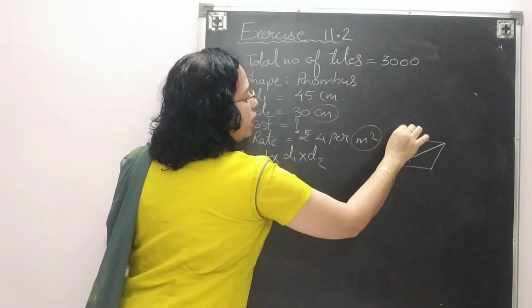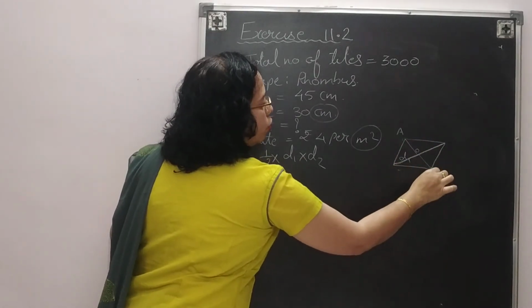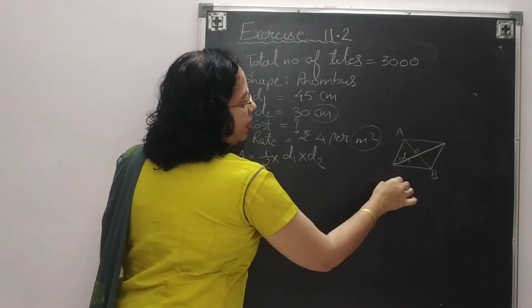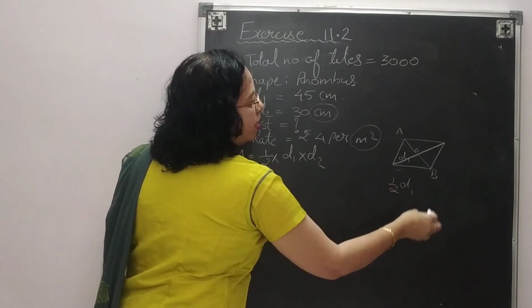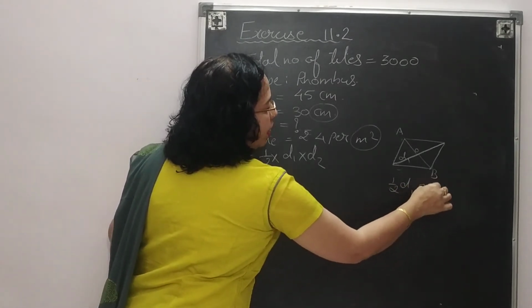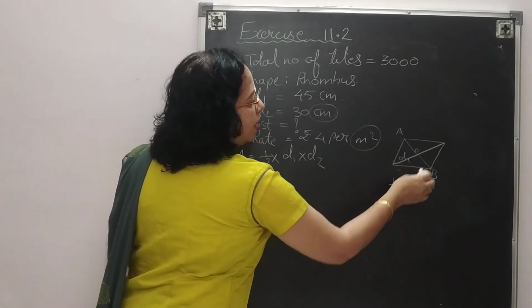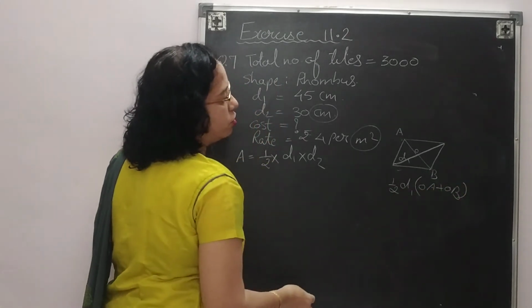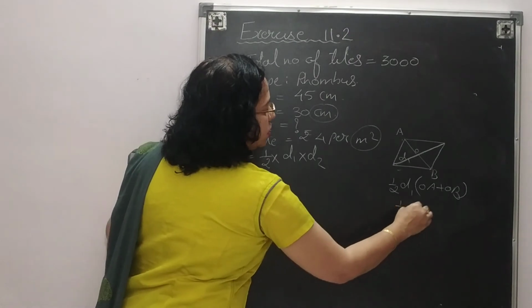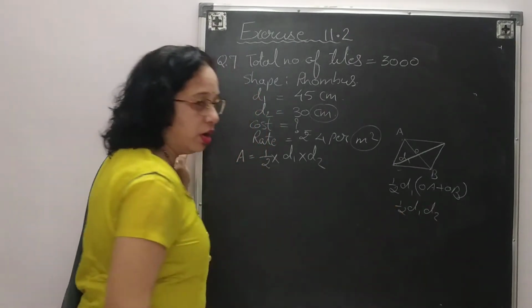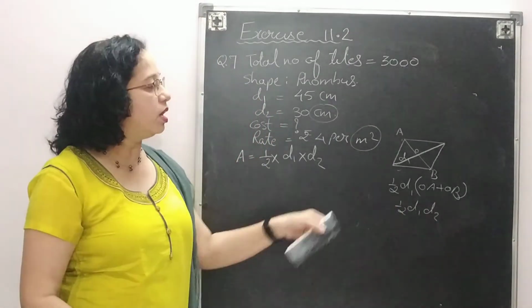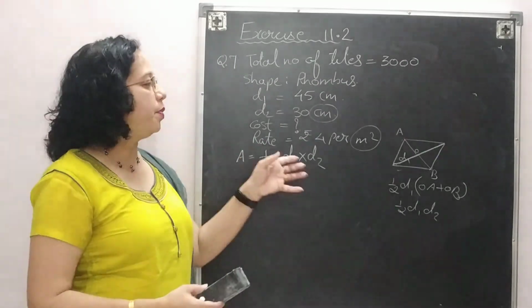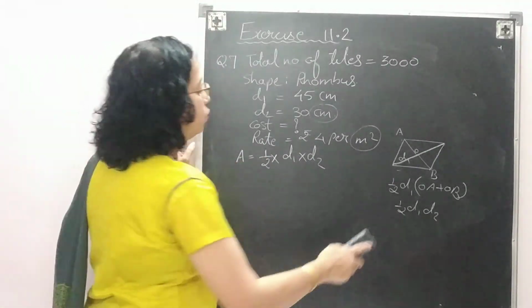Suppose this is your AO and this is your OB. So area of the triangle is half into D1 and in bracket you will get OA. Similarly for this triangle, half into D1 will be common, so OA plus OB, and this is your other diagonal, so this is D2. So this is the way. Always create the formula with the question. Don't try to mug up and don't try to write it that way, otherwise you may make mistakes.